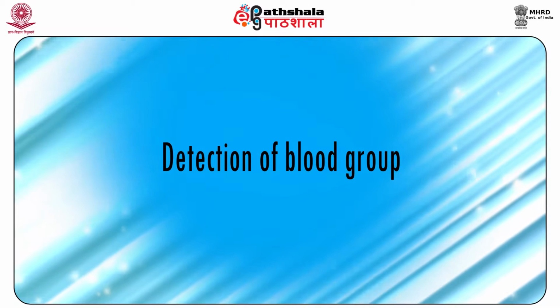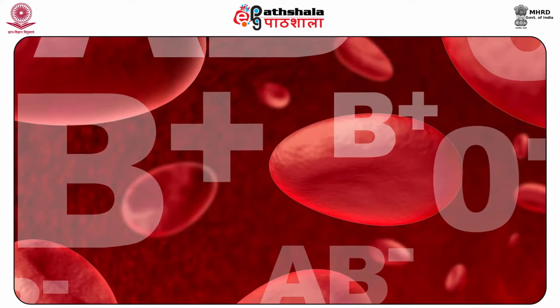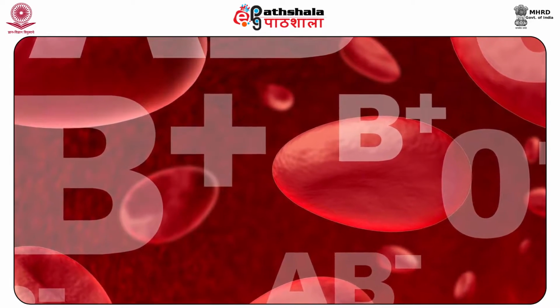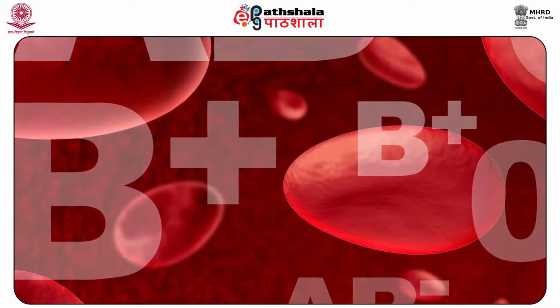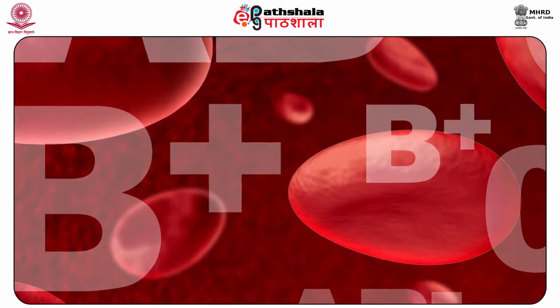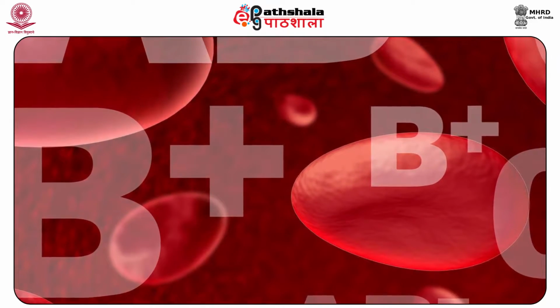Next is detection of blood group. After determining the origin, the blood group is to be determined. It is also to be examined by the prosecution to mention the blood group.